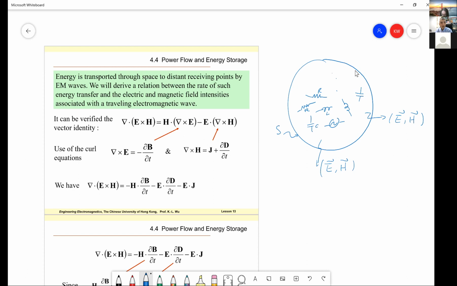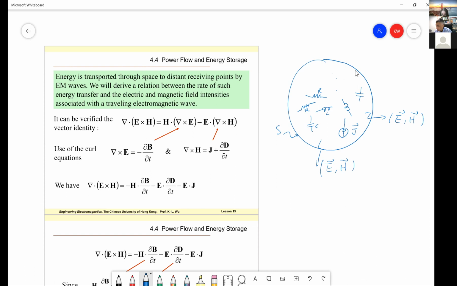Then the question is, what is the relation between electromagnetic field? Let's say if this is the voltage, we have a different voltage source. We have J. J is our very common source form, so I better use this notation.